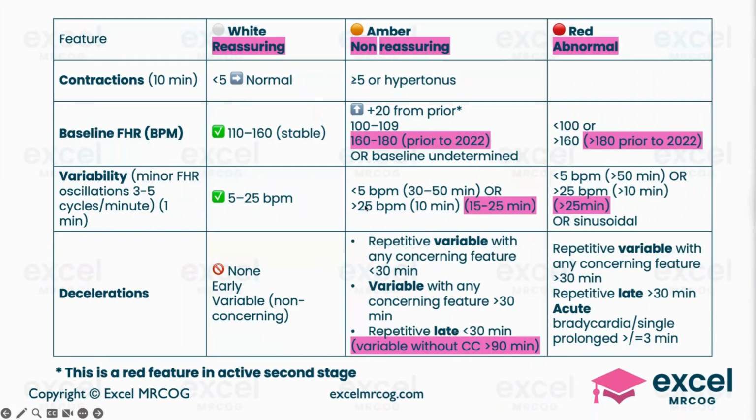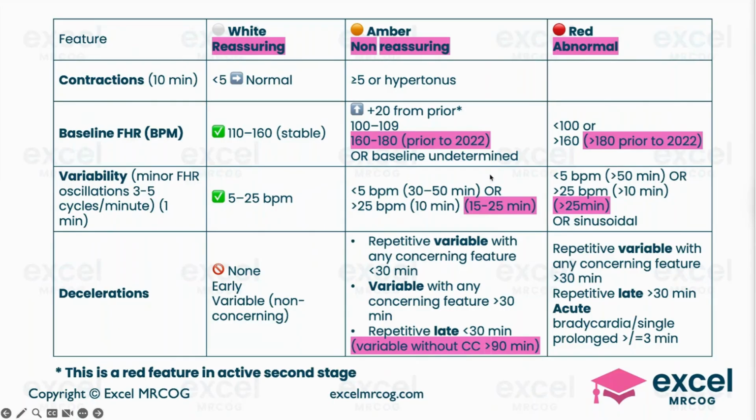Less than 5 beats per minute for anywhere between half an hour to 50 minutes is still amber, but we wait for some more time if there are no other features. And if it crosses over and reaches here, for more than 50 minutes, now it's pathological.